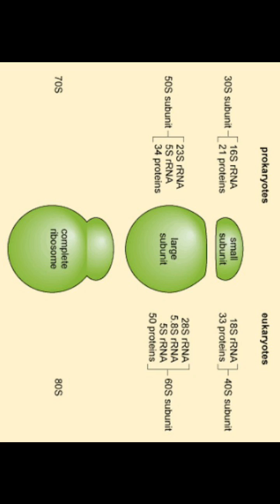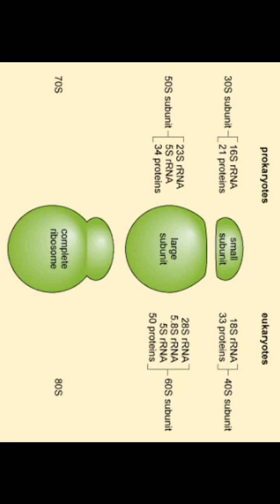Here I would like to tell you one important piece of information regarding these subunits. The 80S type of ribosomes consist of subunits such as 40S and 60S. The smallest subunit is 40S and the largest subunit is 60S.